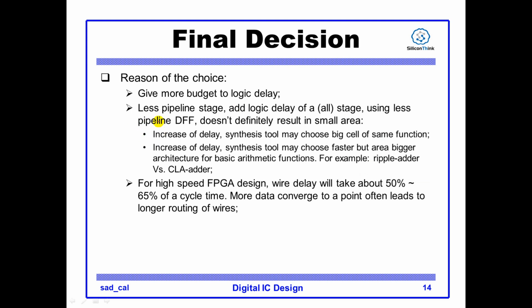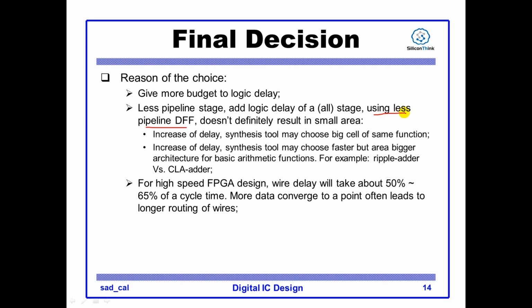Okay, the second reason is the next pipe stage. Then you may add more delay to a stage or all stages. Then you will use fewer pipe DFFs, yes, but this doesn't definitely result in small area.